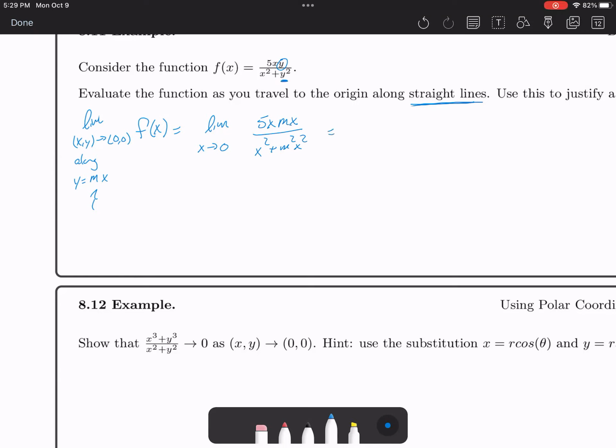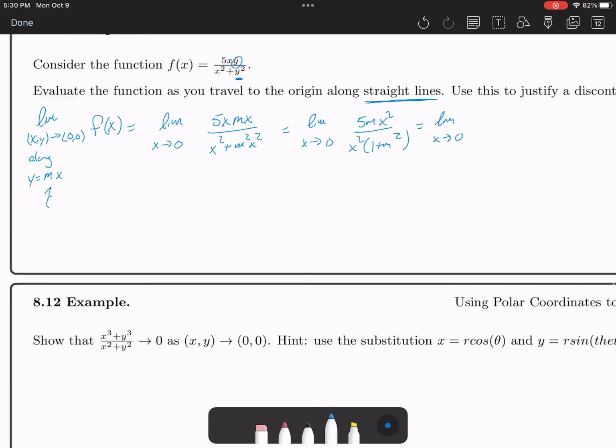All right, let's clean this up with some algebra. This is going to be 5mx squared over x squared times 1 plus m squared. Or 5m over 1 plus m squared. So we're done. And what's important is that we recognize why we're done.